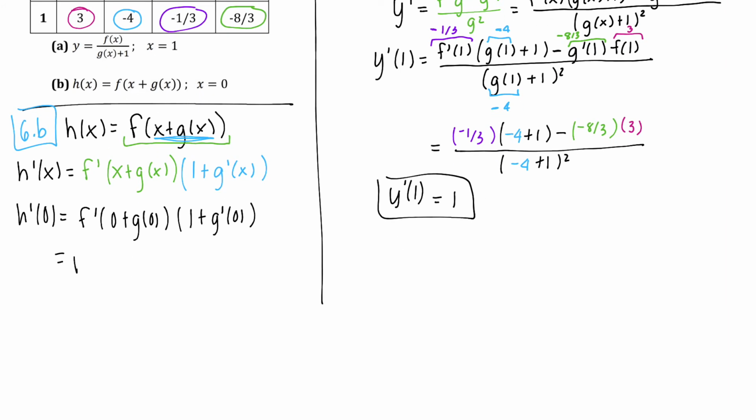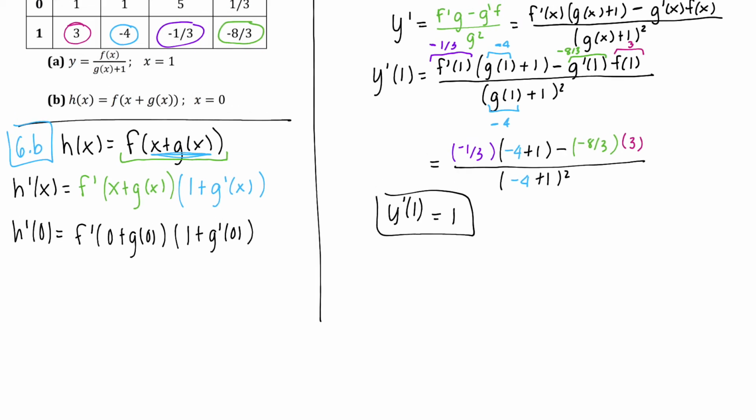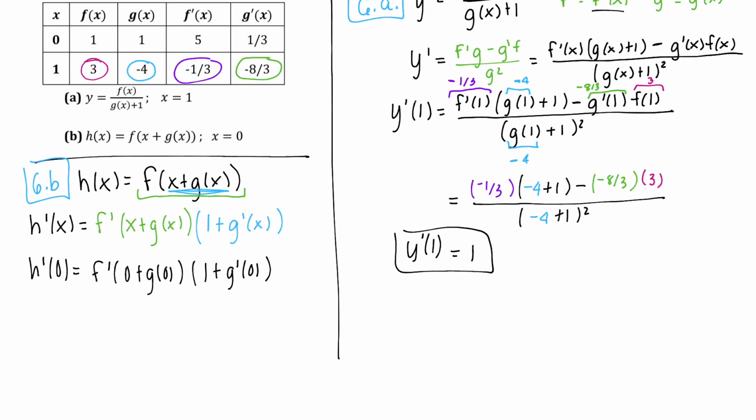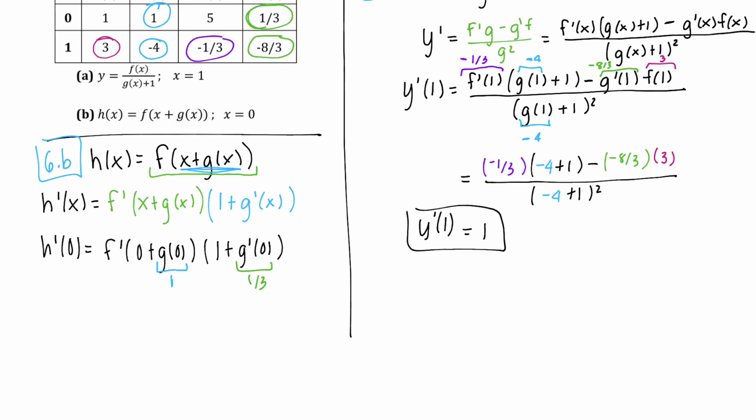Before we simplify, we can find some of these things. G of 0 is 1. And then g prime of 0 is 1/3. So we have f prime of 0 plus 1, which is 1, times 1 plus 1/3.